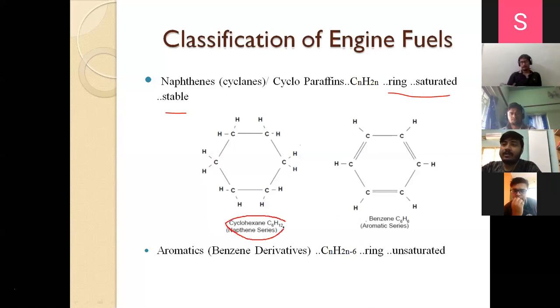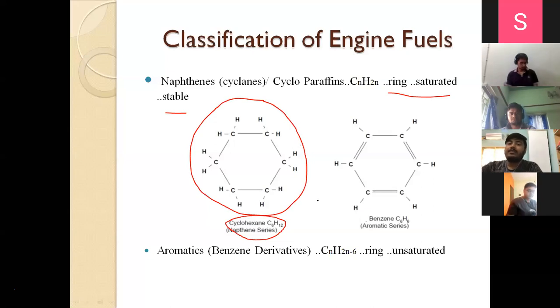Look, it has the same formula as hexene, C6H12, but the structure is different. The structure is cyclic, ringed, saturated and stable. So it has 6 carbons and 12 hydrogens.